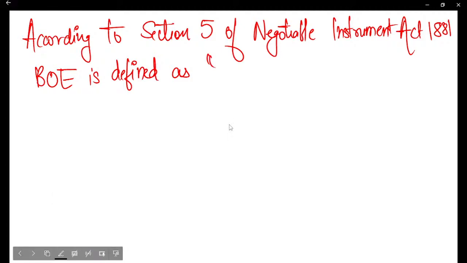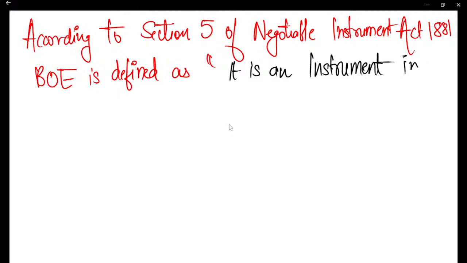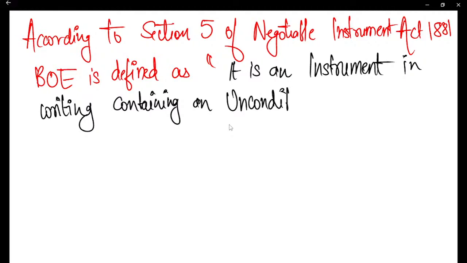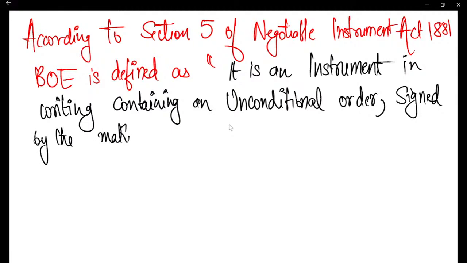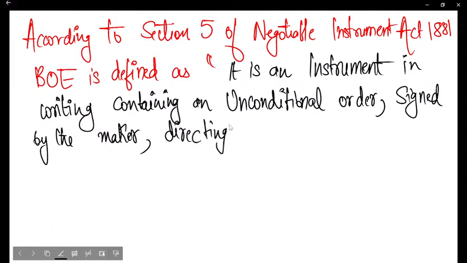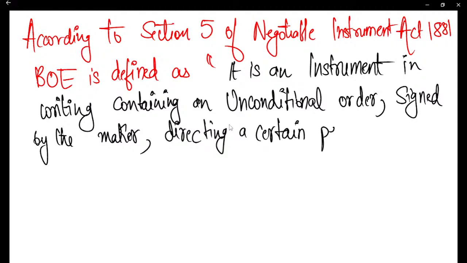The definition was, it is an instrument in writing containing an unconditional order signed by the maker, directing a certain person to pay a certain sum of money.